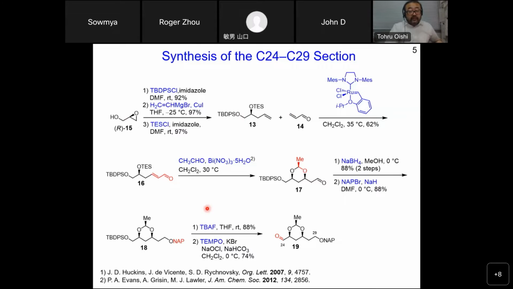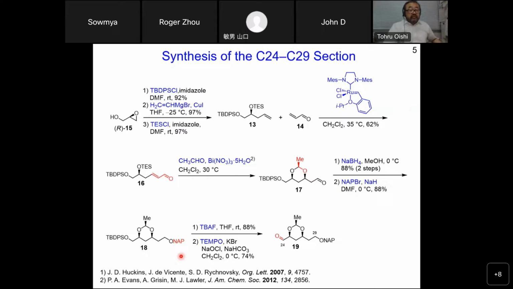This was subjected to the oxa-Michael and acetal formation reaction reported by Paul Evans using bismuth nitrate. This reaction works well to give this compound. Then reduction of the resulting aldehyde with a hydride and protection of the resulting primary alcohol as a NAP ether.